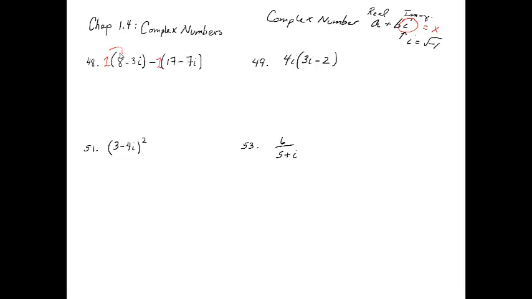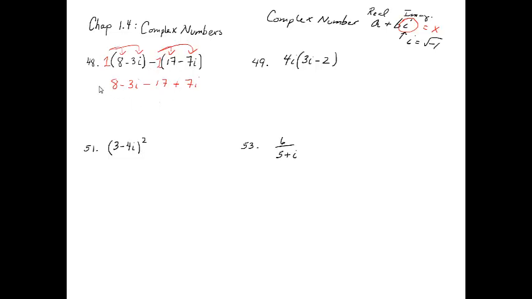When I distribute this 1 inside, I'm still going to be left with 8 minus 3i. Whereas when I distribute the negative 1 inside, I'll end up with negative 17 plus 7i. It's negative 1 times 17, and then it's negative 1 times negative 7i.